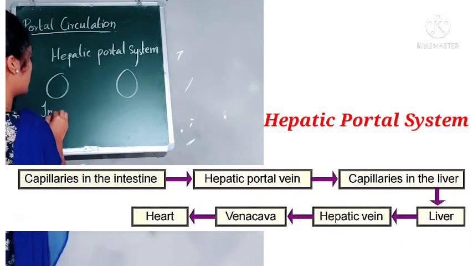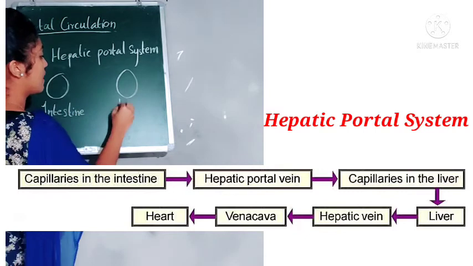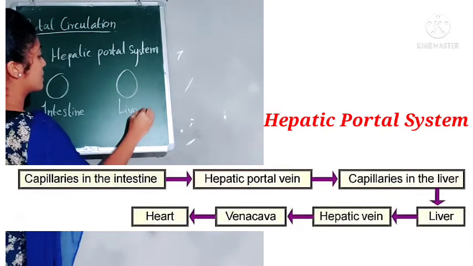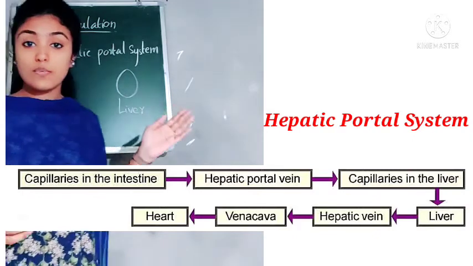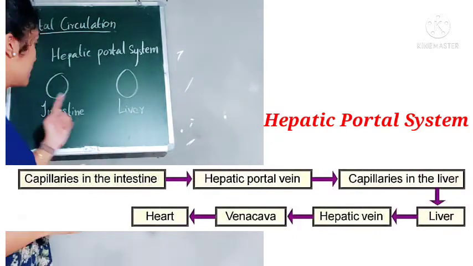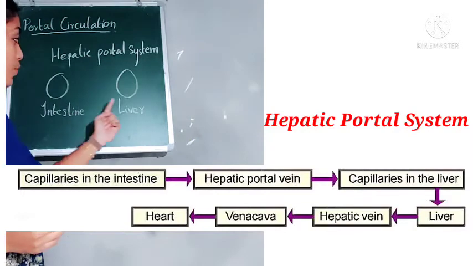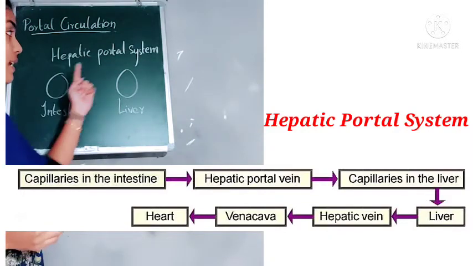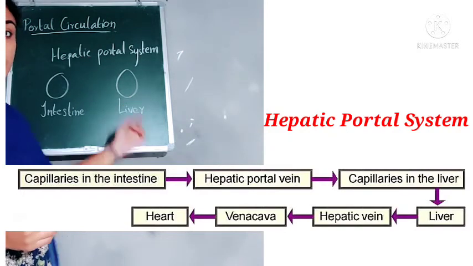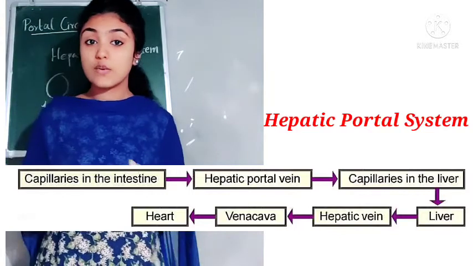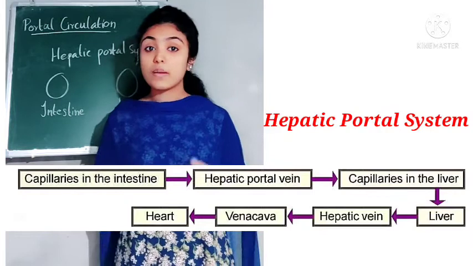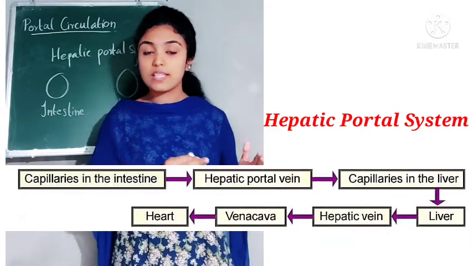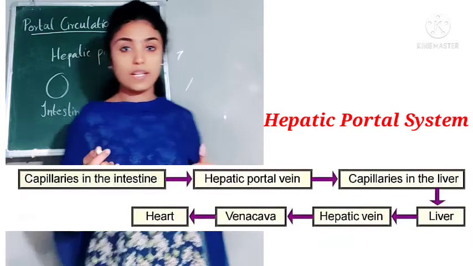So let's consider this is the intestine and this is the liver. In the hepatic portal system, the portal vein carries blood from the small intestine to the liver. And what is the other speciality of the portal vein? We already studied that it begins as capillaries and ends with capillaries.